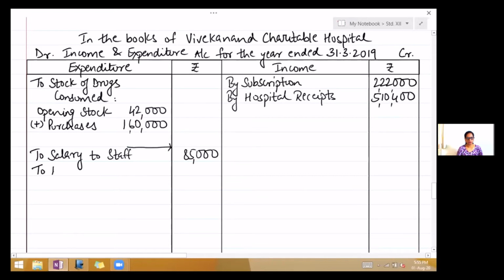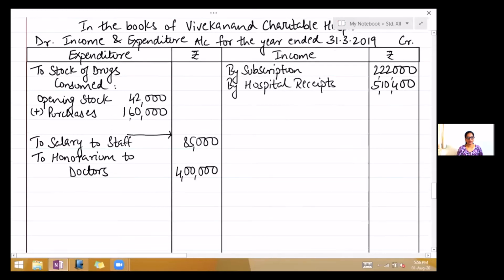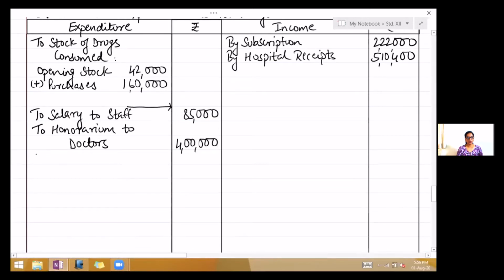So to honorarium to doctors 4 lakhs. Repairs and maintenance expense. So on the expenditure side, to repairs and maintenance 18,000.